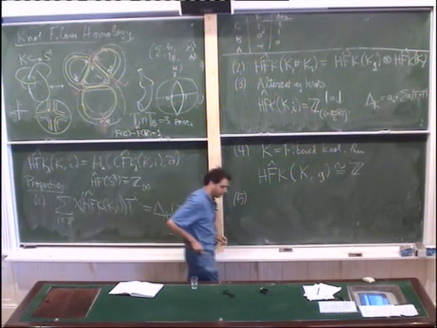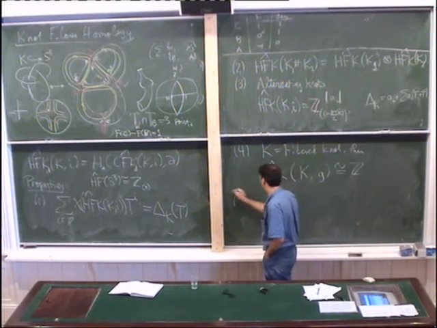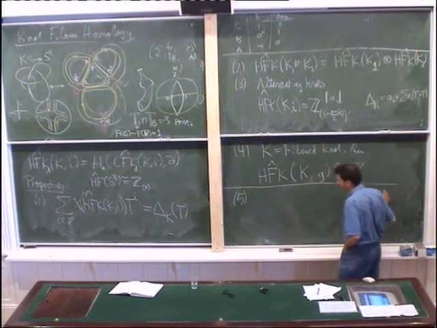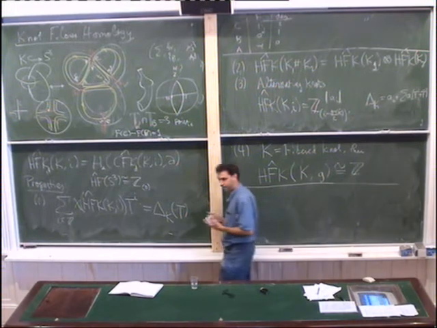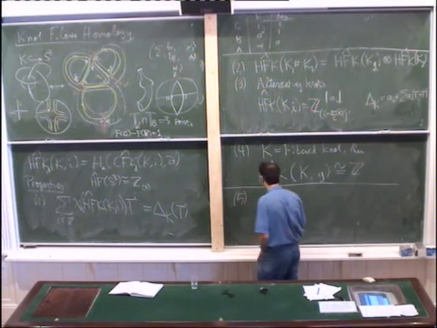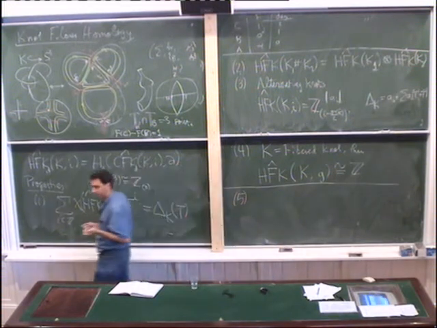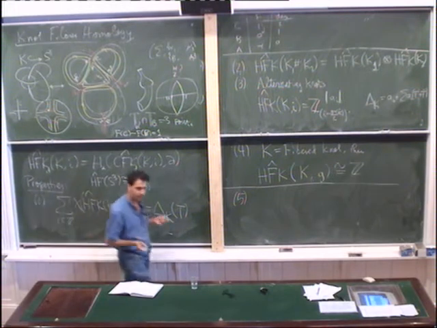But maybe the most important property of knot Floer homology is the following, where knot Floer homology diverges from the classical Alexander polynomial. Remember, the degree of the Alexander polynomial gives a lower bound on the genus of a knot.